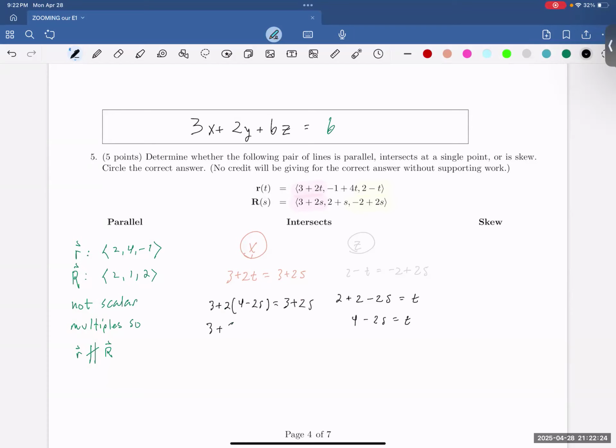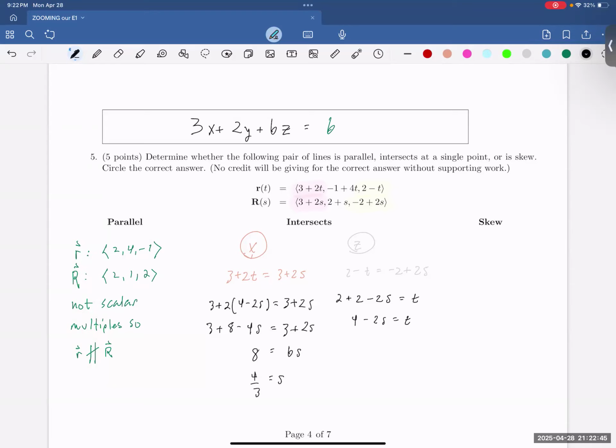So 3 plus 8 minus 4S equals 3 plus 2S. That's a 6S on the right. The 3's cancel, I get 8. S is 8/6, that's 4/3.